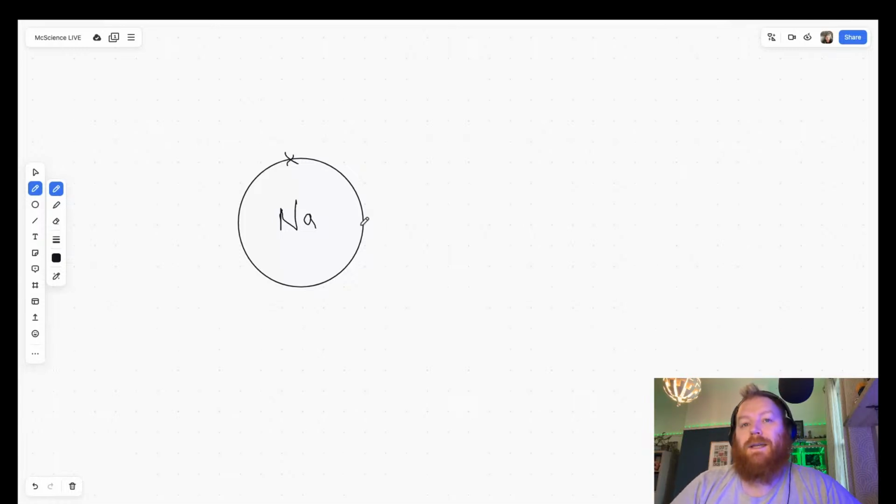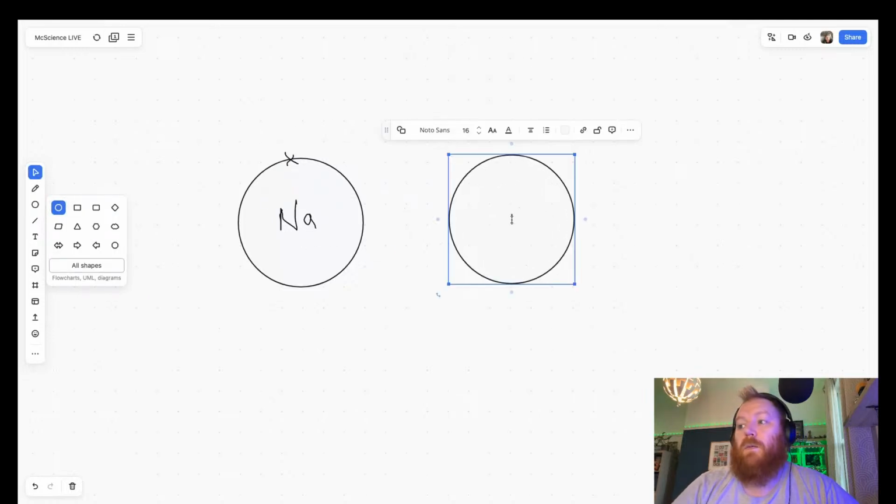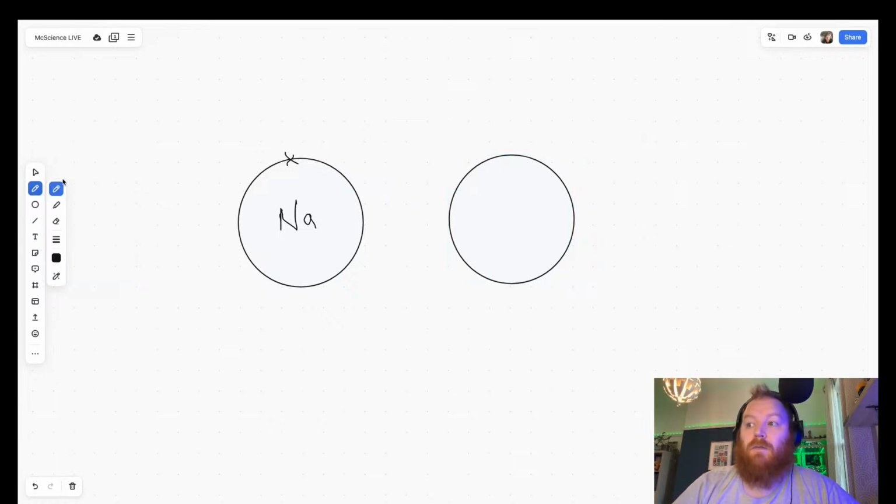Now, when sodium gets rid of an electron, what we would then have is a loss of negativity, so it would then become positive. So what we would do is draw brackets around that element.